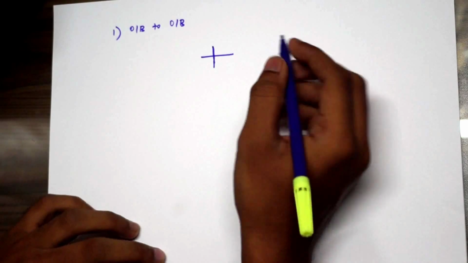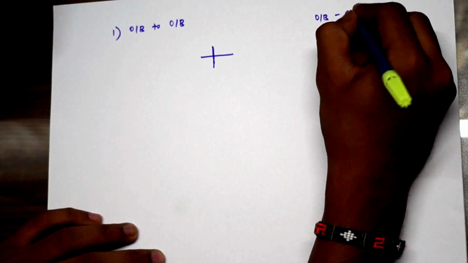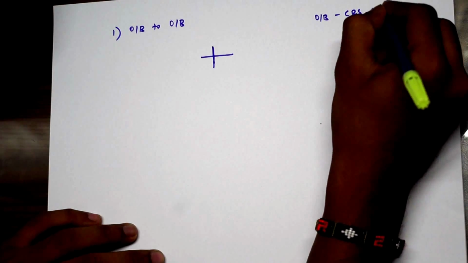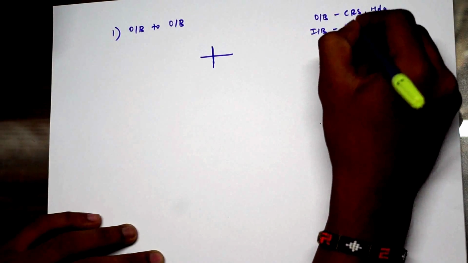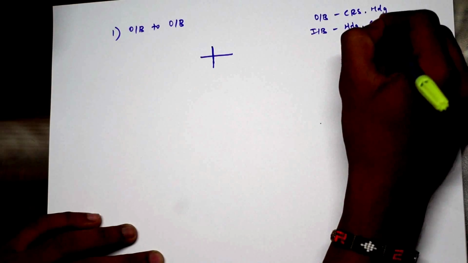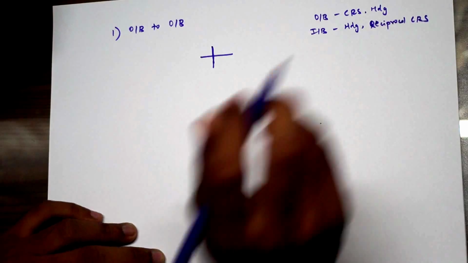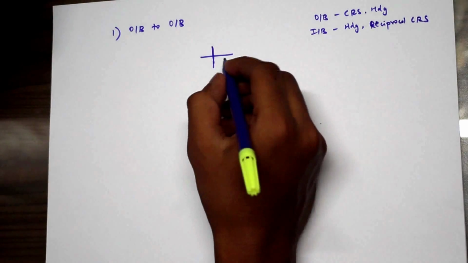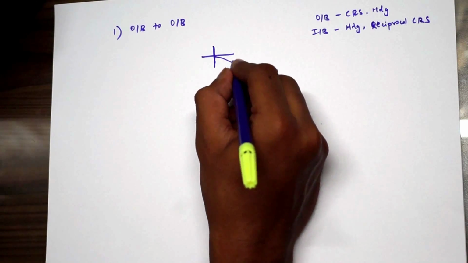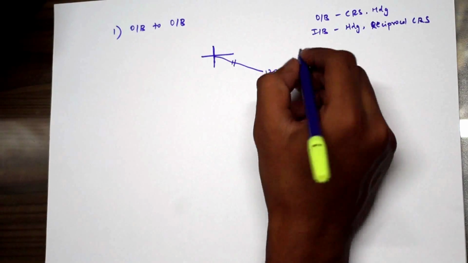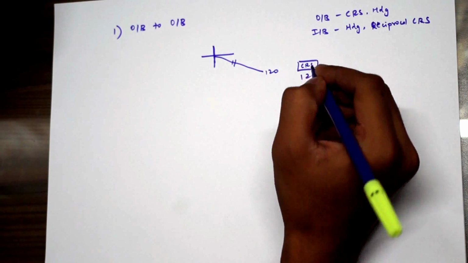Before I start, one more thing. When you're outbound, your course and your heading will be the same. When you're inbound, your heading will be the reciprocal of the course. What does this mean? Say you're going outbound on 120. If your aircraft is here, your heading is also 120 and the course window is also 120.